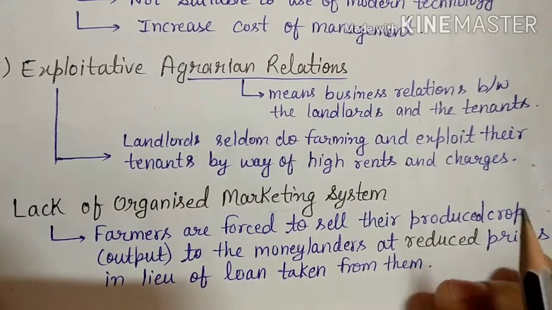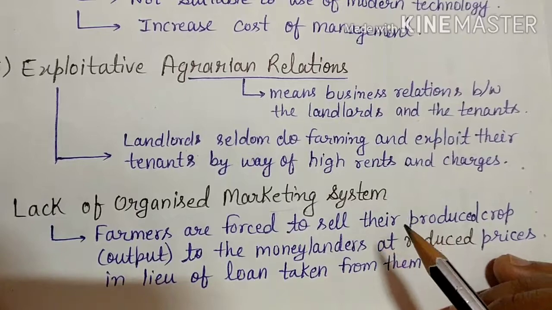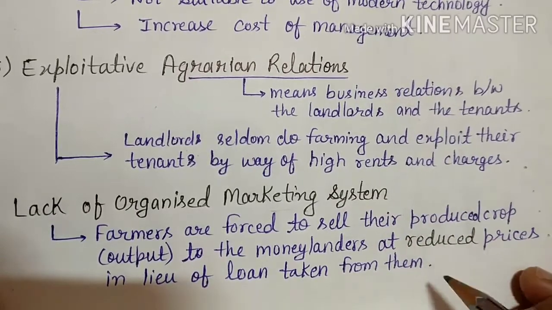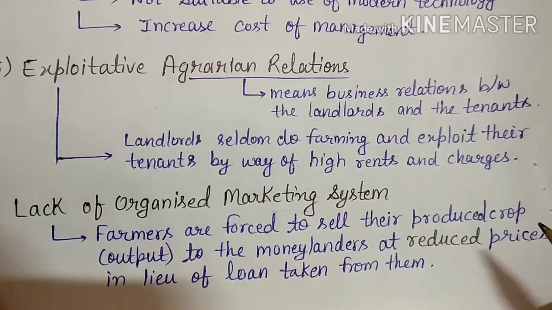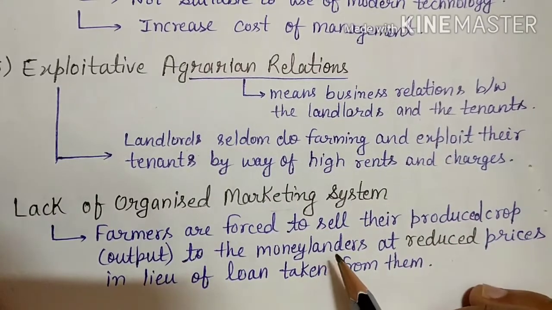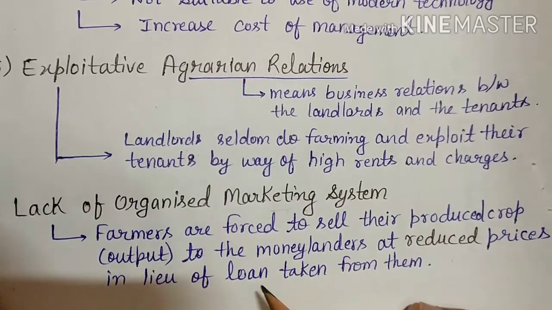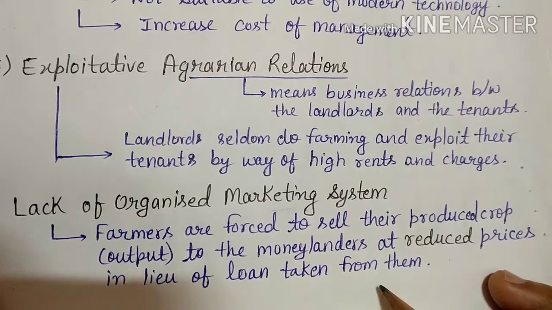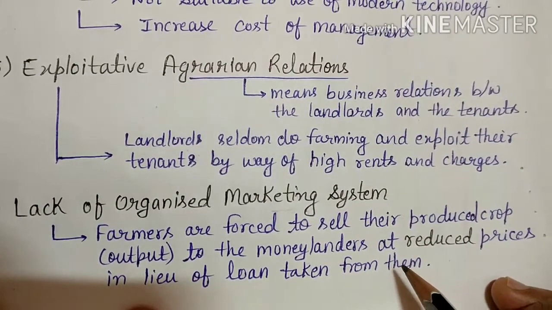So they have to sell whatever crops they have grown to those money lenders at a reduced price, okay. They could get a higher price at the market, but they can't sell at that price, because the money lenders from whom they have taken loans are there, so they have to give them at a low price, which leads again to a crisis of finance.